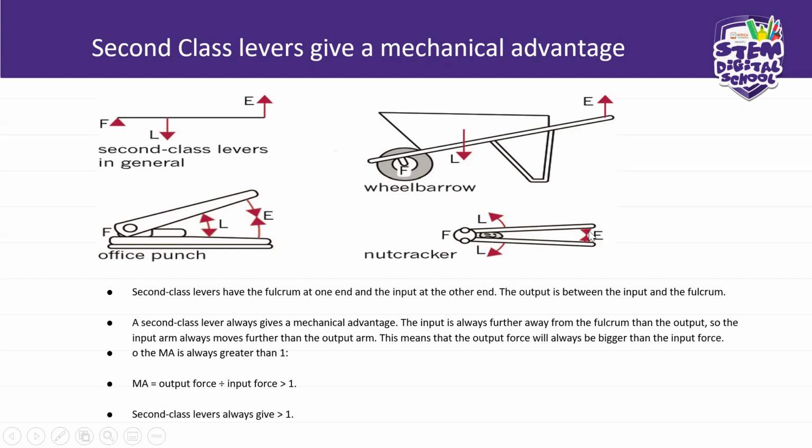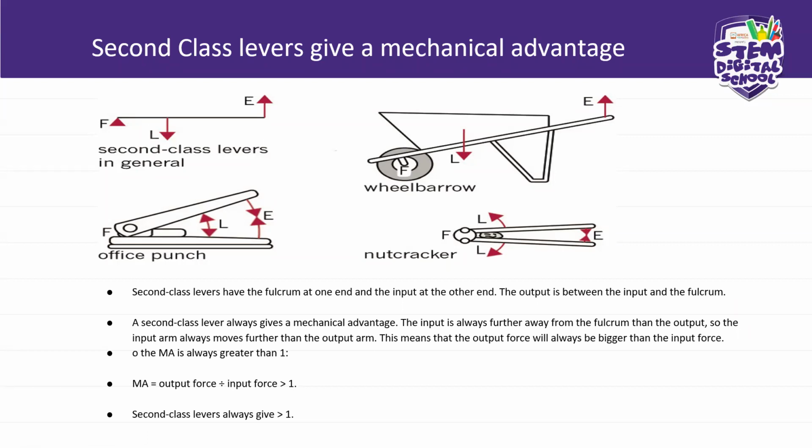You have your effort here, and there's your fulcrum. So this gives you mechanical advantage. Your office punch, you have your fulcrum there, there's your input arm. You have mechanical advantage.